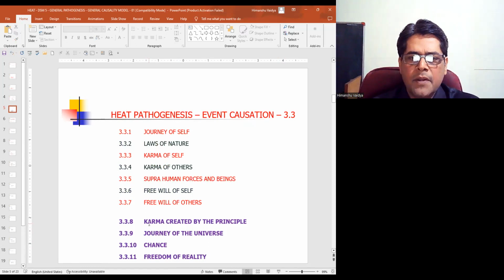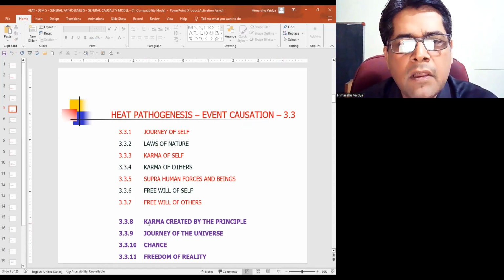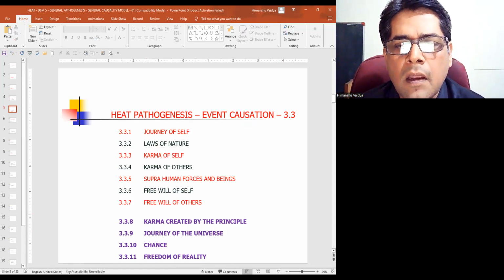Karma created by the principle, journey of the universe, chance, freedom of reality. Usually they will not be factors which are very important in terms of causality of psychopathology. So we'll be dealing with these 7 elements.